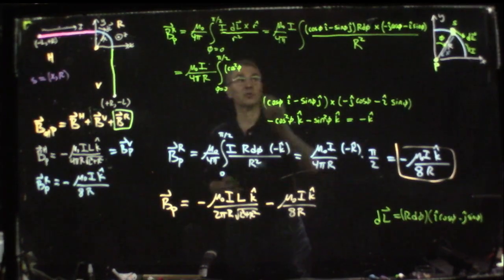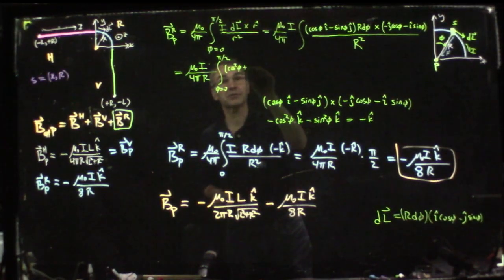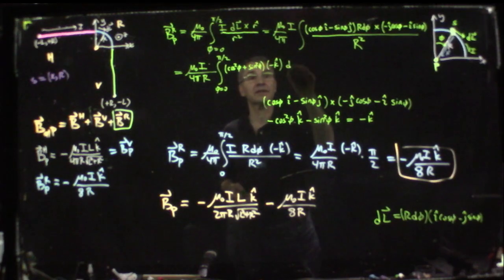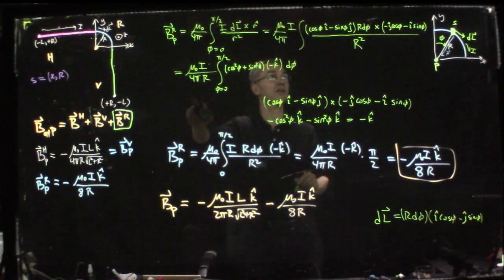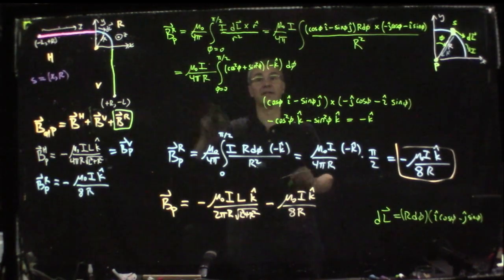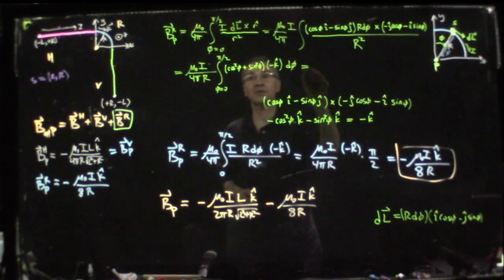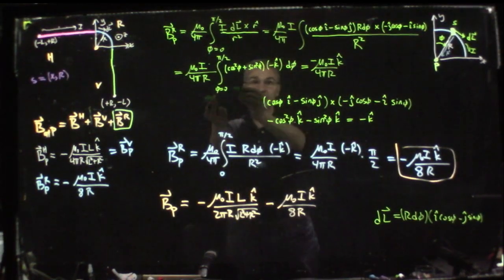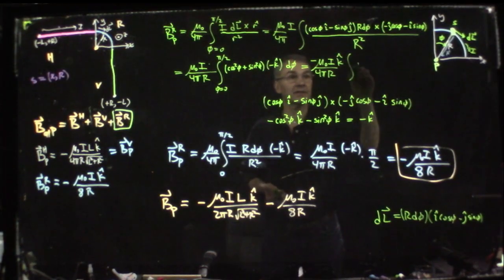Okay, so right, so here's cosine squared phi plus sine squared phi, minus k hat. Did I miss anything? Oh, there's d phi. We already took care of the r. Yeah, okay, and this is just 1. So this is mu naught I over 4 pi r. There's a minus sign, there's a k hat, and then all we have is the integral d phi from 0 to pi over 2.